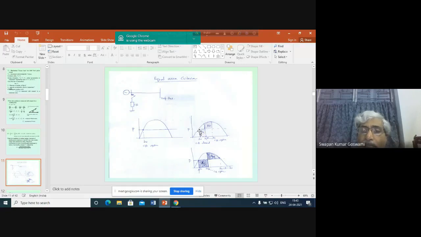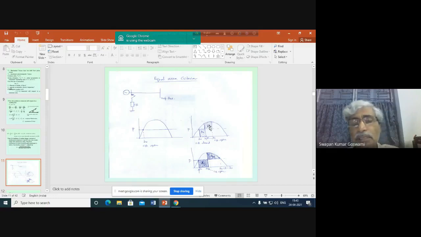This implies that area A1 has to be equal to area A2. And hence the name comes, the equal area criterion. That means two such areas must be available for the generator to be able to regain synchronism after the occurrence of a fault.